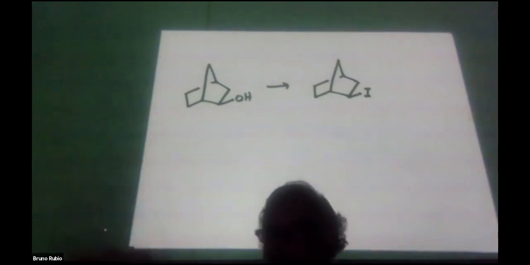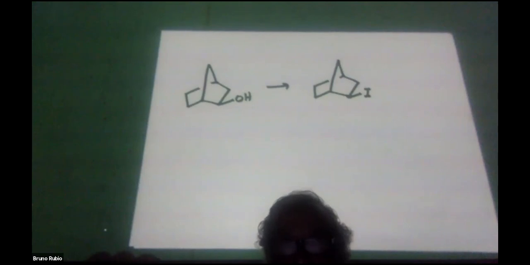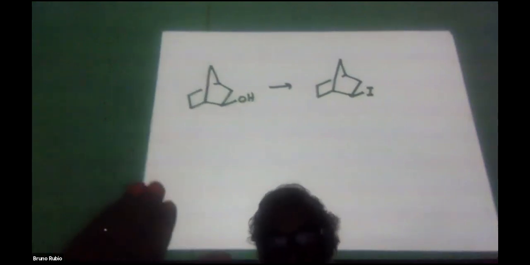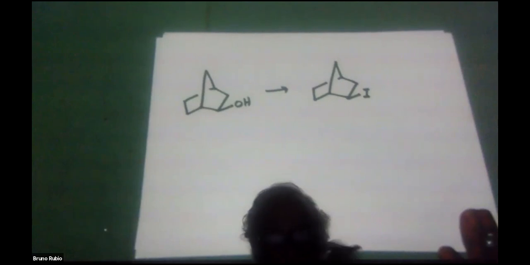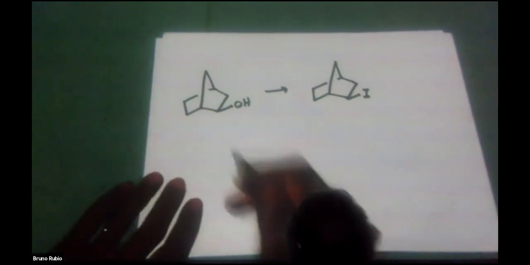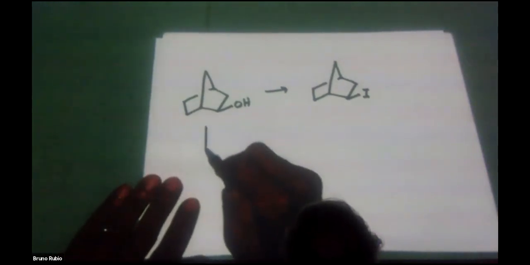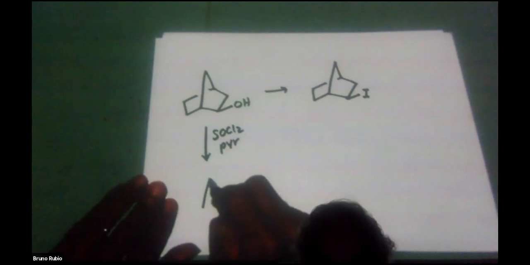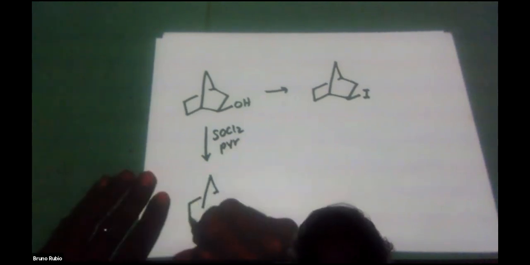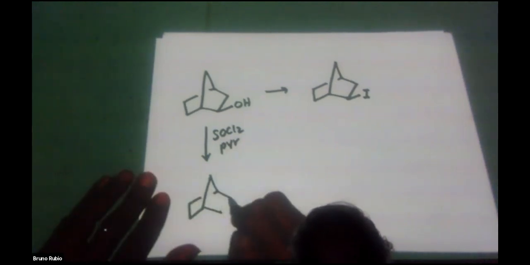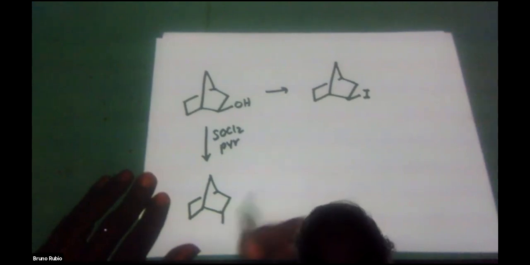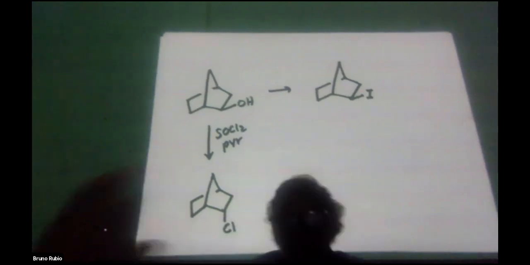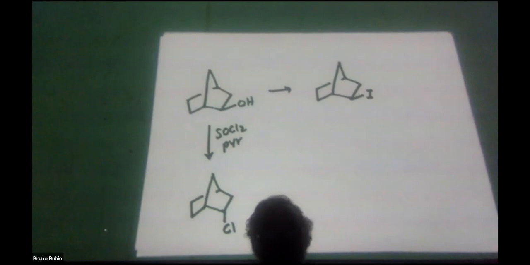I want that Darzens halogenation because after the second SN2 reaction, the exo position returns to being exo. SOCl2, pyridine, Cl is down like that now.